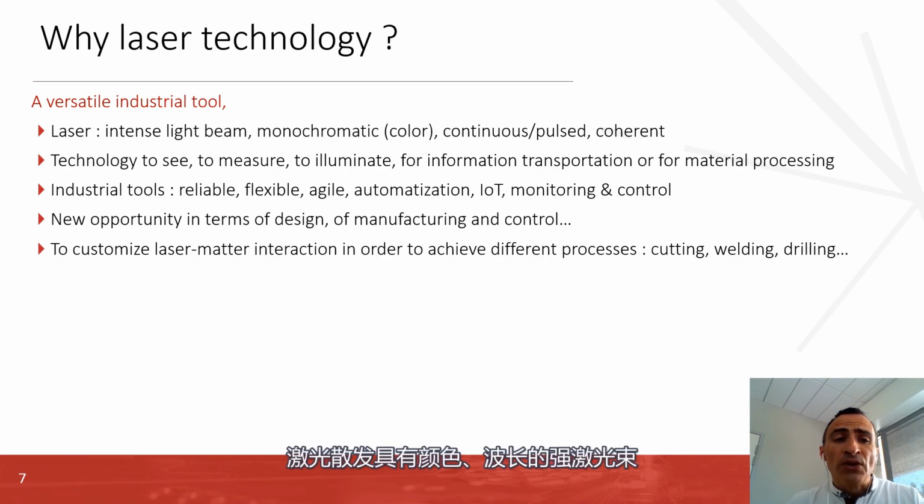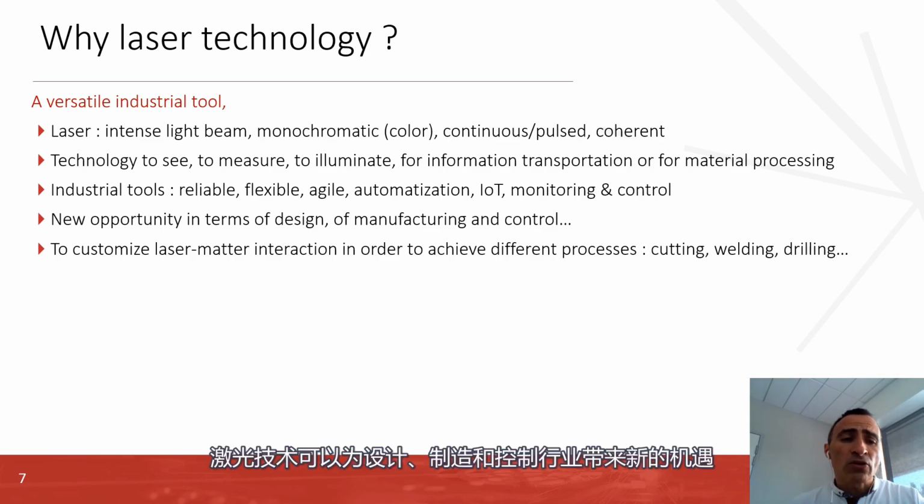Lasers deliver an intense beam with a color, the wavelength, and it could be a continuous or pulsed beam. These tools are reliable, flexible, agile, very easy to automatize, and compatible with process monitoring and control.